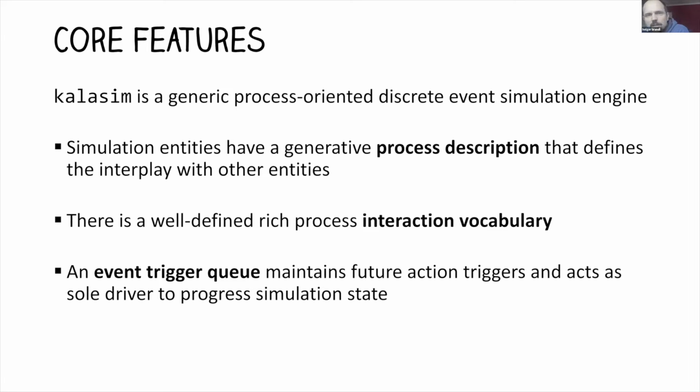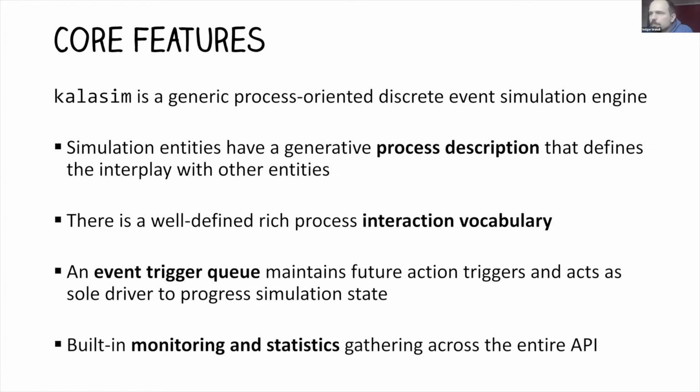This is a list of events scheduled for some future time, which then allows the simulation state to evolve. And to understand what's happening in a simulation model, we also need means to introspect its dynamics and its state progression. So monitoring and statistics capabilities are also baked into the API.